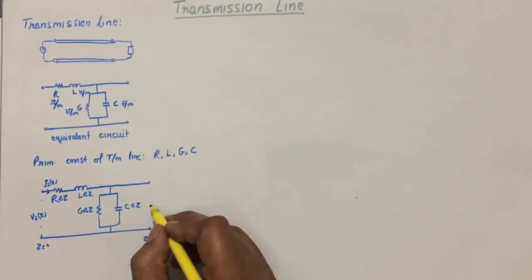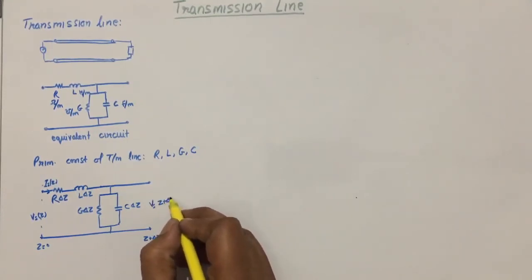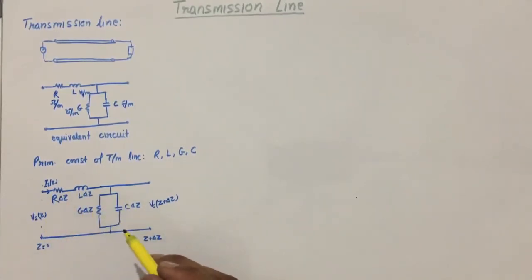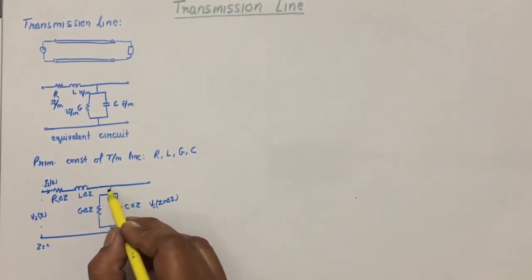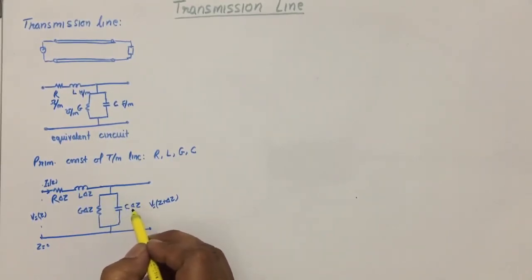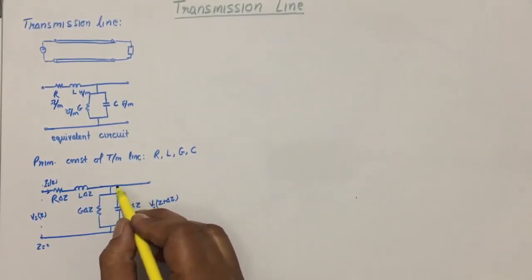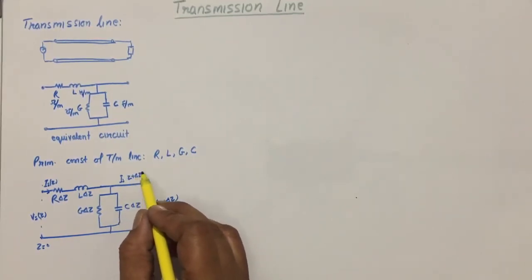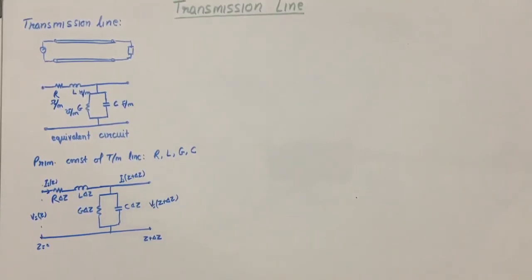The voltage that is obtained at the receiving end or at the load side, we can say it is Vs(z plus delta z), and the current that is flowing from here, part of it is diverted to the conductance and the capacitance, and part of it will flow through there. So the current that is flowing here, we can say Is(z plus delta z). We can assume like that.